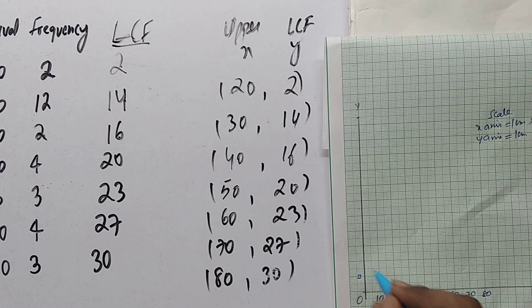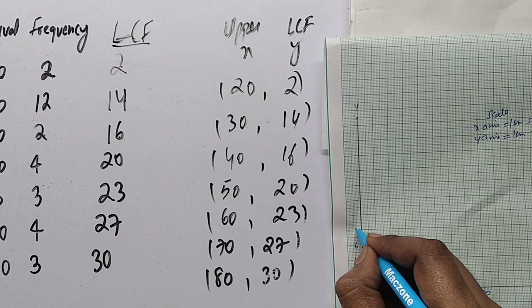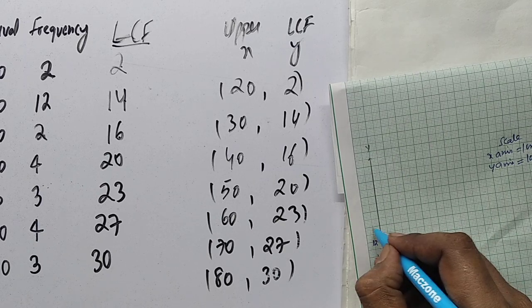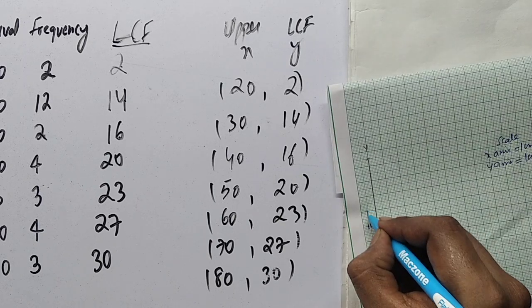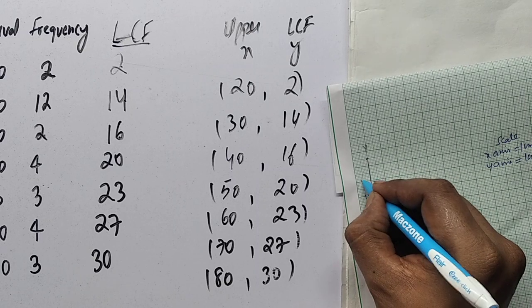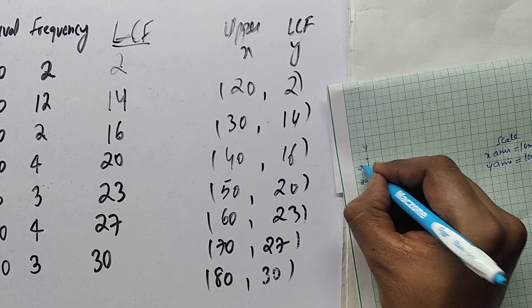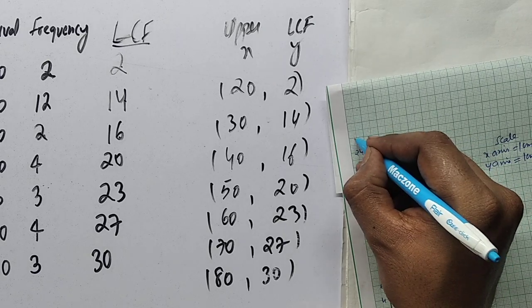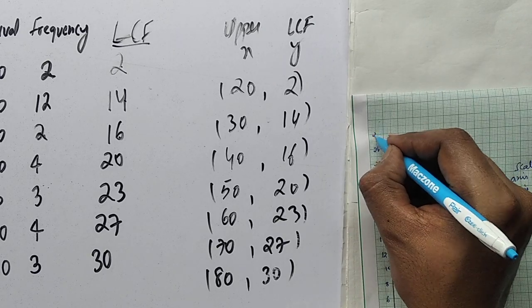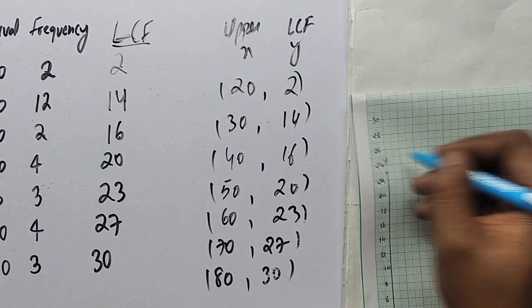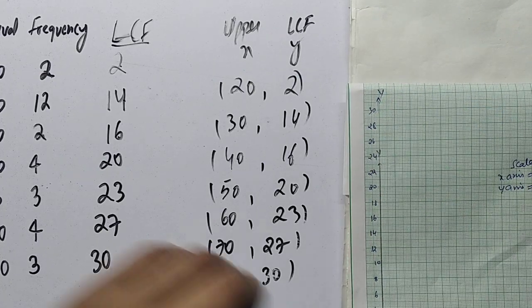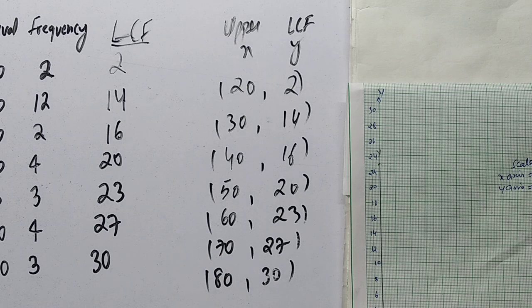So we will be marking 2, 4, 6, 8, 10, 12, 14, 16, 18, 20, 22, 24, 26, 28, 30. So up to here we have the y-axis. Okay, so you need to extend this line.